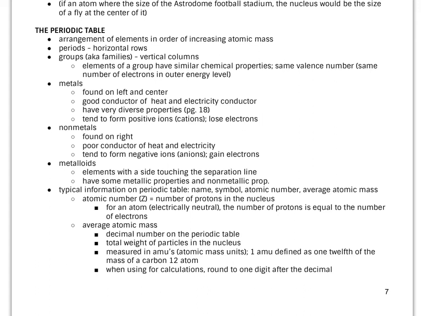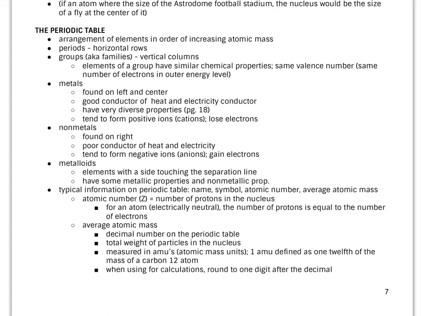That's why electrical wires are also made out of types of metal, because they can conduct electricity across the land. They do have very diverse properties, which are listed on page 18 of your books, which we will look at thoroughly when we go into marking up the periodic table. So don't worry about those properties just yet.